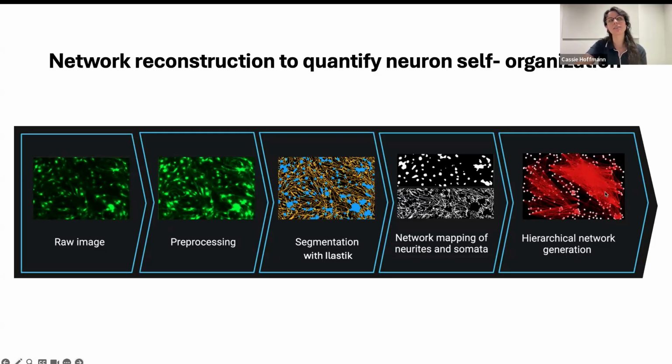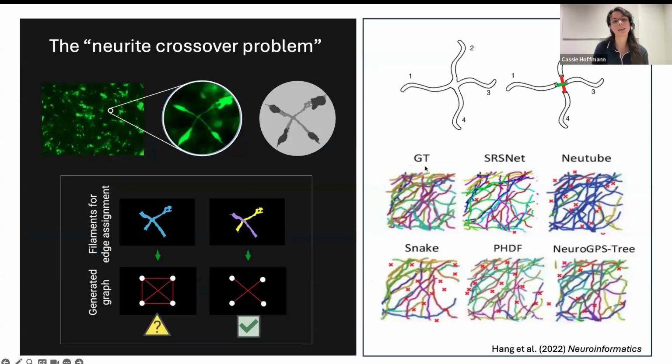We did come across a couple of challenges in this pipeline, the first being the neurite crossover problem. This is a well-characterized issue in neuroinformatics, and it occurs mainly in 2D images, some 3D images, but mostly 2D.